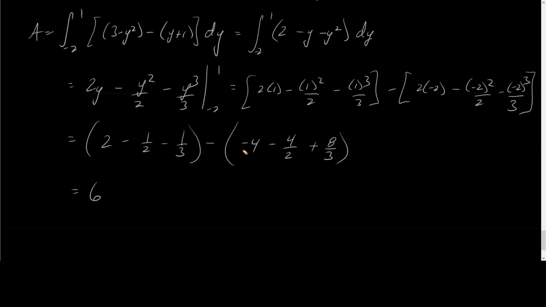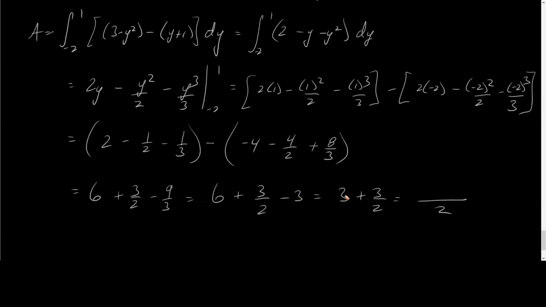Negative 1/2 minus negative 4/2 is a positive 3/2. Negative 1/3 minus 8/3 is negative 9/3, which is negative 3. So 6 minus 3 is 3. So 3 plus 3/2, common denominator of 2, becomes 6 plus 3, which is 9/2.